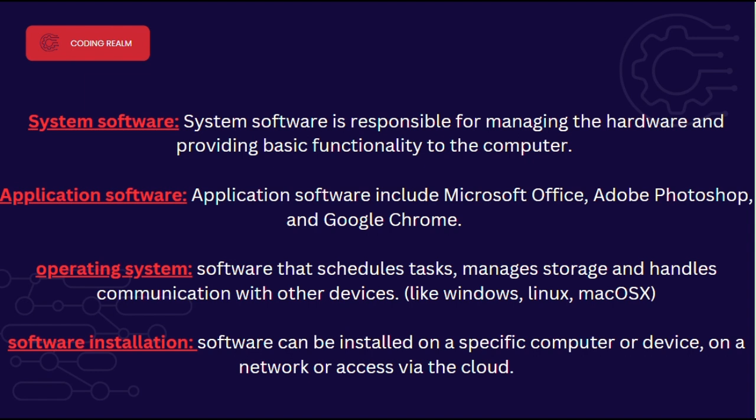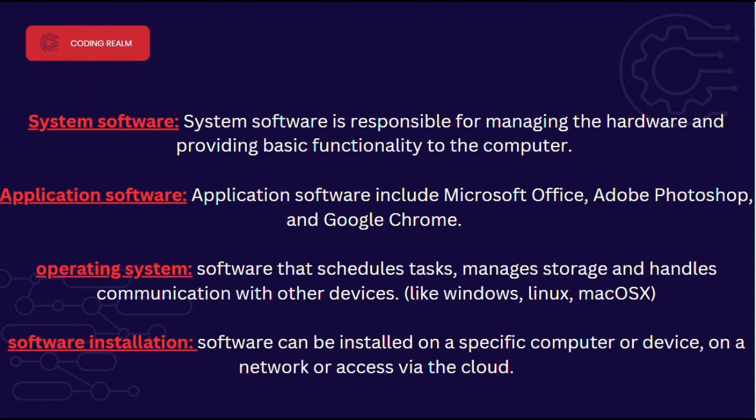Now let's talk about the application software. The application software includes Microsoft Office, Adobe Photoshop, Google Chrome, etc. The software part of a computer is essential for its operation. Without software, the hardware would be useless. Software is constantly evolving.